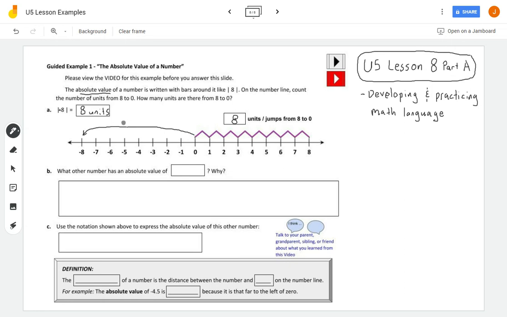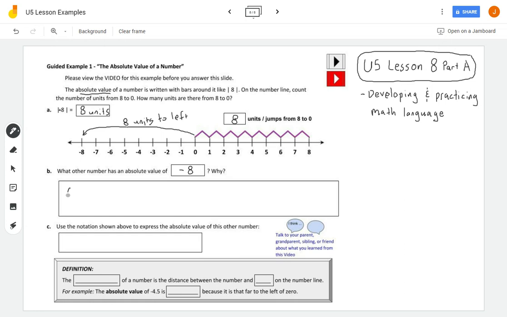I could just do it all in one. This is 8 units to the left. And if it's 8 units to the left, the absolute value is the same. And we'll talk about why that is in just a moment. So that means that negative 8, the integer negative 8, is also a number with the same absolute value.